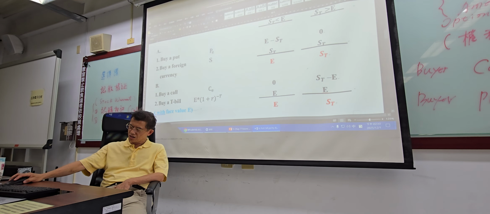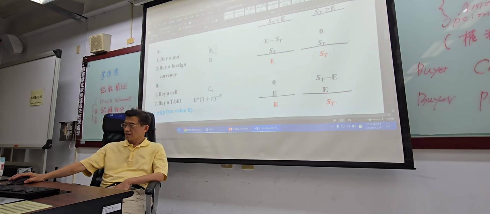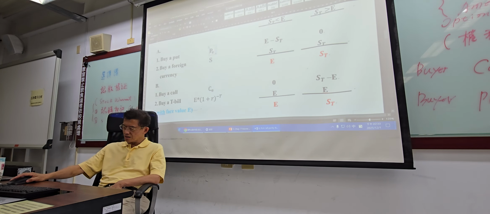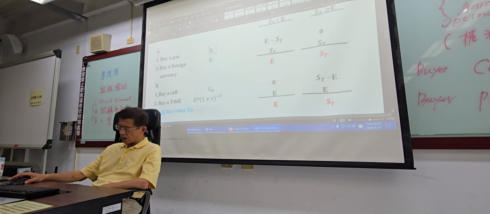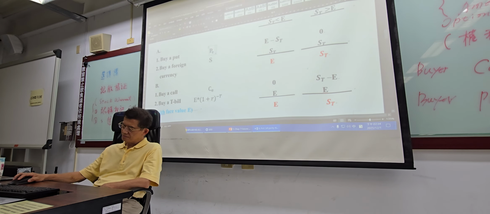So P sub E plus capital X is our construction cost for portfolio A at the beginning, and C sub E plus capital E times 1 plus R powered by minus T is our construction cost of portfolio B. So far, all we see are the construction costs.